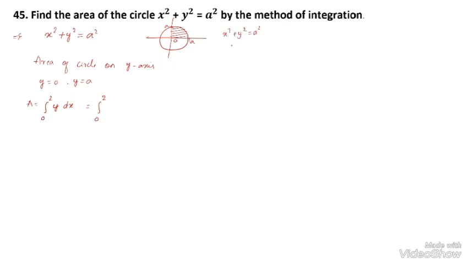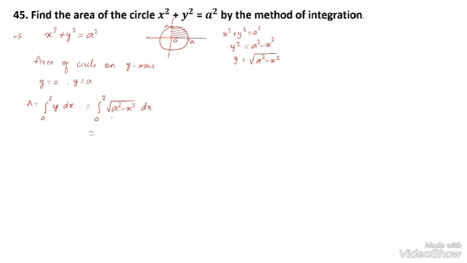We want y, that's why y square equals a square minus x square, so y is root of a square minus x square. So I can substitute y as root of a square minus x square into dx.